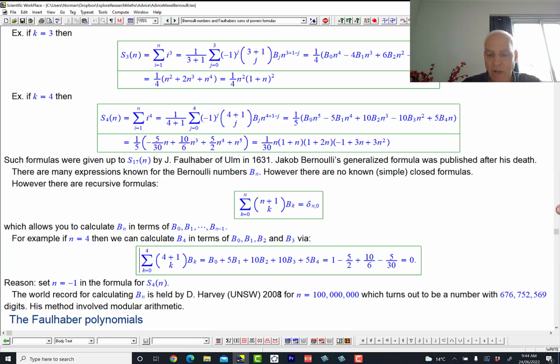The previous record was also established earlier in 2008, and that was for 10 million. So that's quite a jump, and that's, I guess, still the current record. It shows us that modern computers are pretty powerful, and these numbers are big, but they're not that big. It's quite a lot of work calculating these Bernoulli numbers, and it's quite an interesting topic.